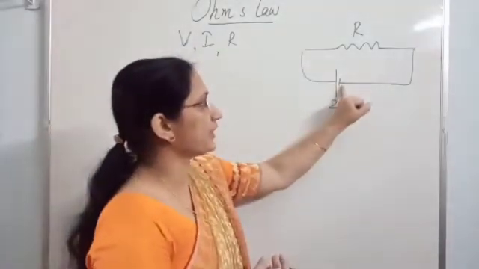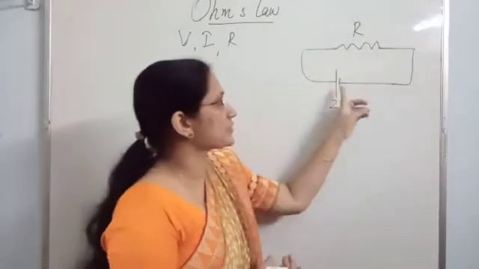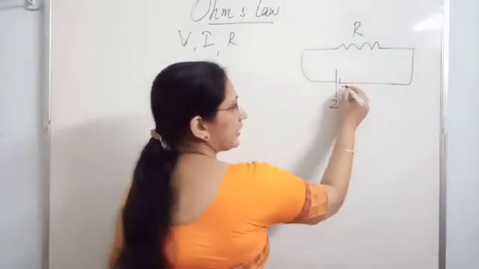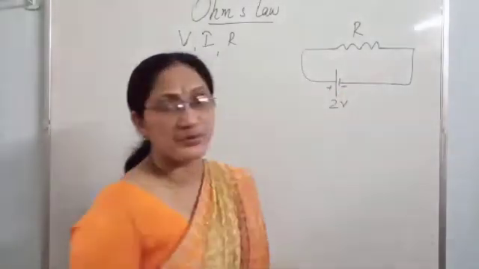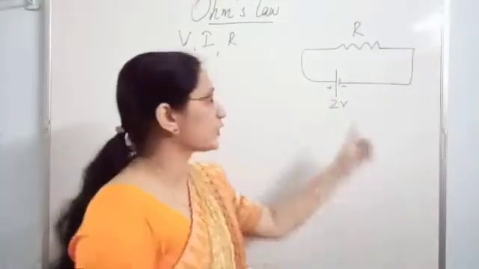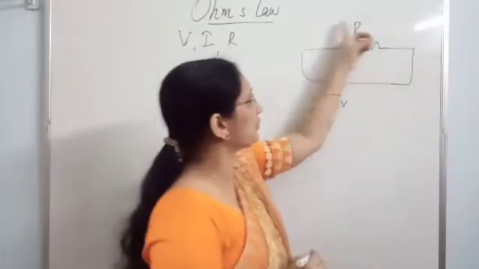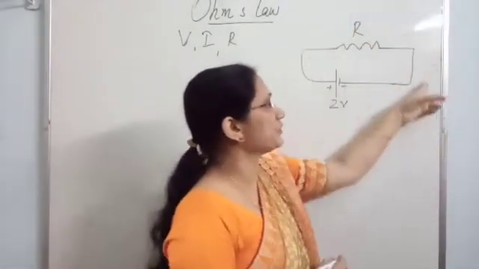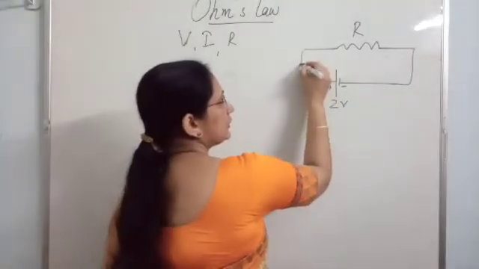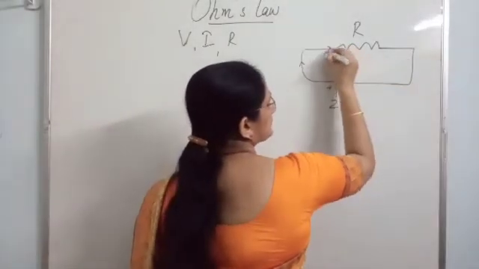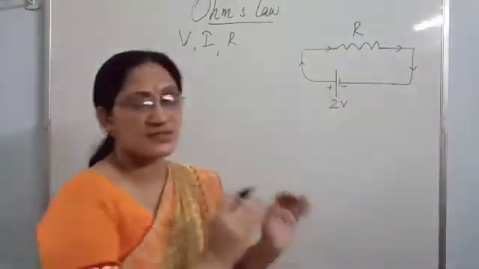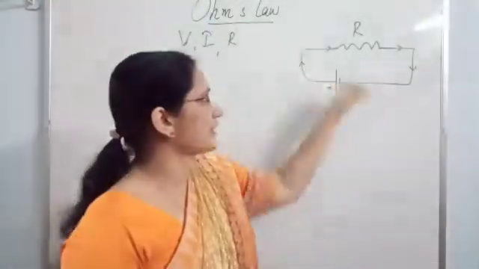Electrons flow from the negative region to positive. This small line symbolizes the negative terminal and the long line represents the positive terminal. So electrons will flow from negative to positive, but current flow we assume from positive to negative. So current will flow in this direction through this conductor or resistance.